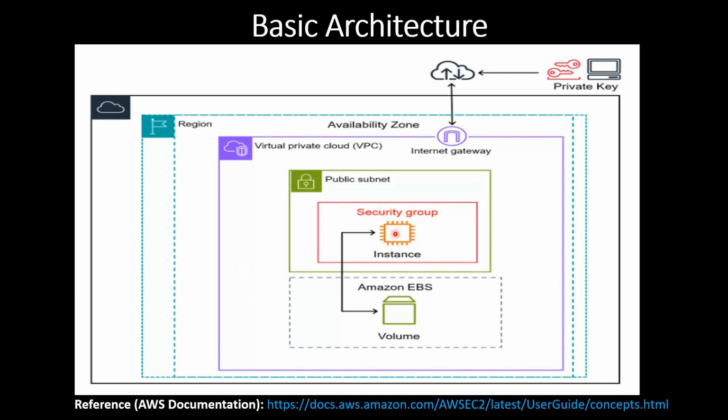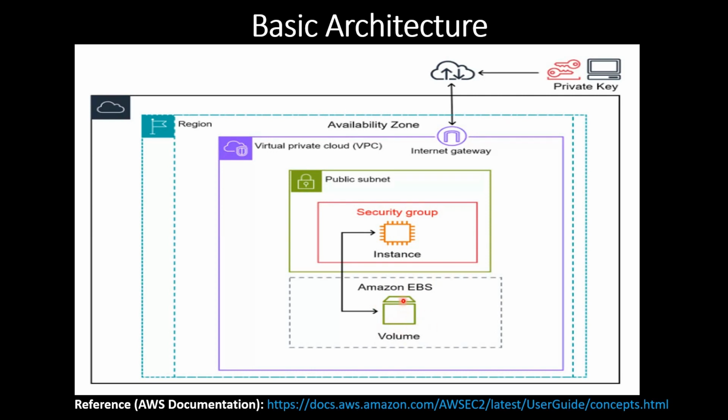So this instance is located inside an availability zone in the VPC, in the public subnet in our VPC. It is secured by a security group, which is a virtual firewall that controls the incoming and outgoing traffic. And with this EC2 instance, we have attached an EBS volume. This EBS volume, you can think of it like a hard drive attached to your computer or laptop.